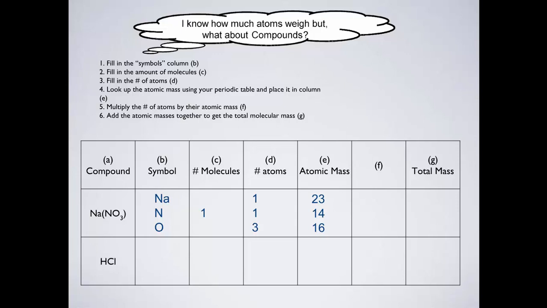Multiply the number of atoms times the atomic mass of the element. 1 times 23, 1 times 14, 3 times 16, 48. Finally, I want to know the whole mass of this entire thing. What do we do? Add them up. This is why you need your calculator for chemistry. Total mass of this molecule, 85 AMU.